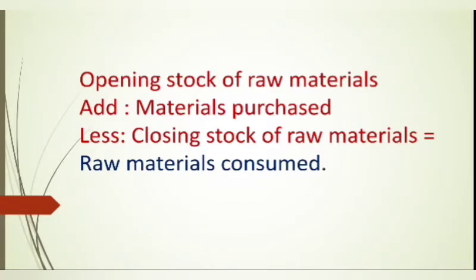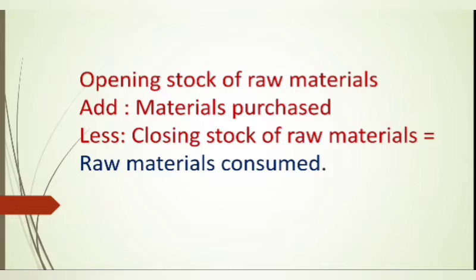We'll get prime cost by adding direct material, direct labor and direct expenses. If opening stock and closing stock is mentioned, then how we can calculate, we'll see. So here opening stock of raw material means the last year's closing stock, which for the current year will be taken as opening stock.